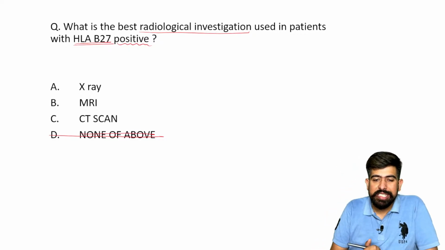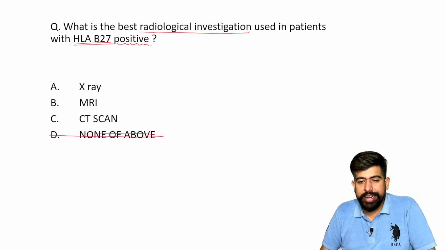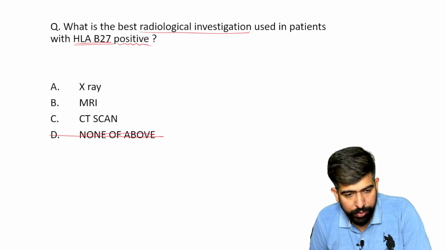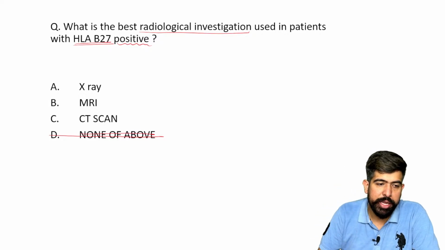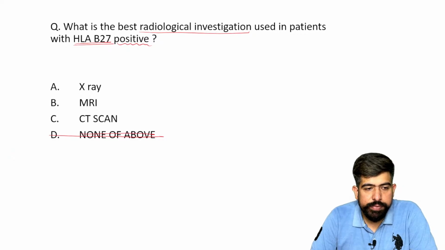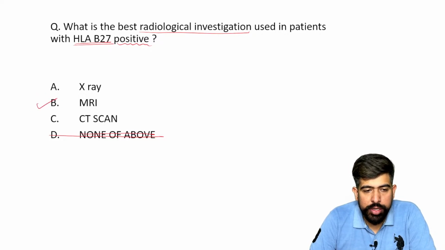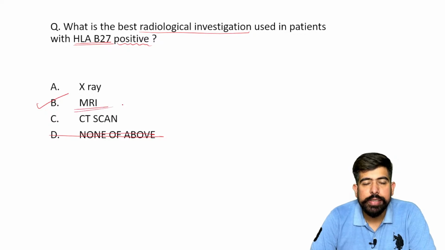Out of these three, the X-ray, MRI and CT scan are given to you. So what can be the answer? Very good, guys. X-ray cannot give you clarification, and we should do the MRI for this case.